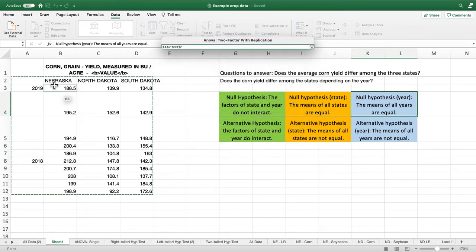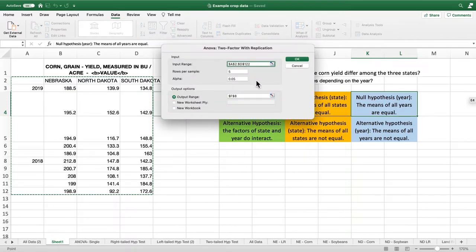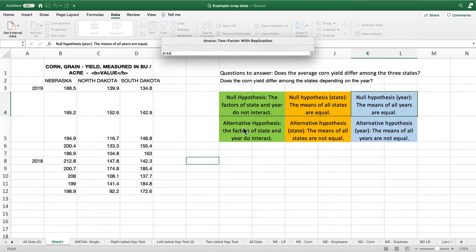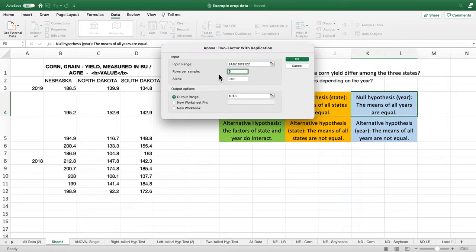So we are going to select our data, and for our output, we're just going to say F8. When it says rows per sample, that means we've got 1, 2, 3, 4, 5 replications. So 5, and we're going to use the alpha of 95%, so an alpha of 0.05.